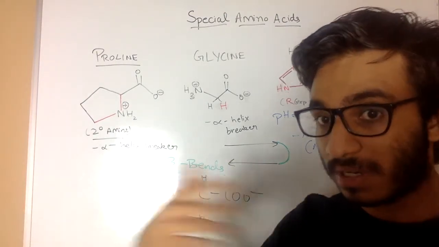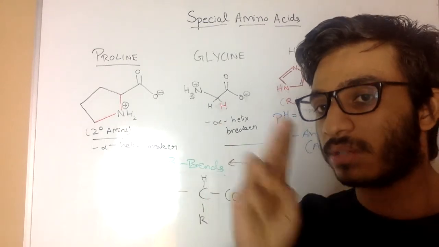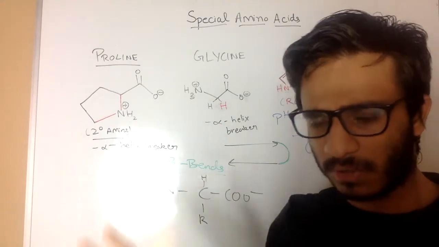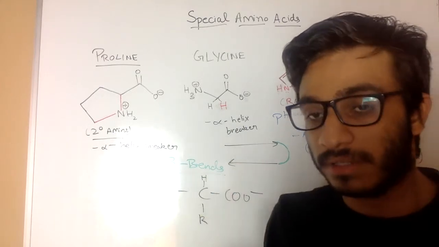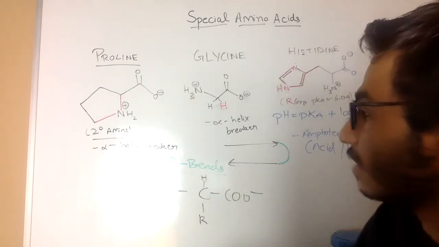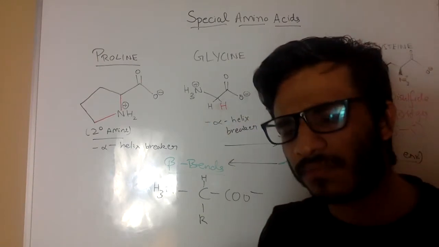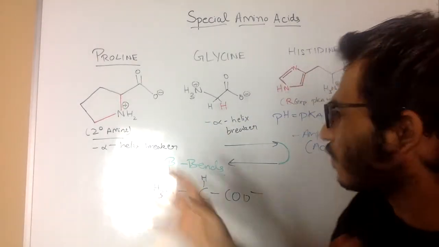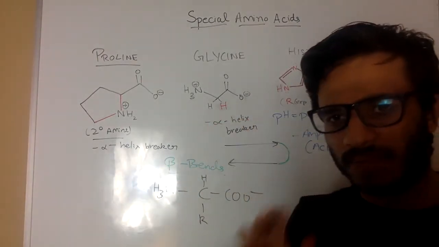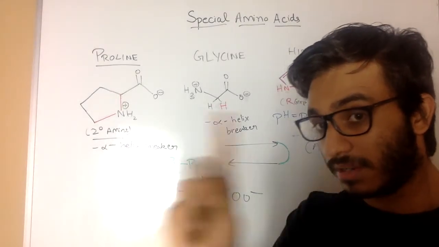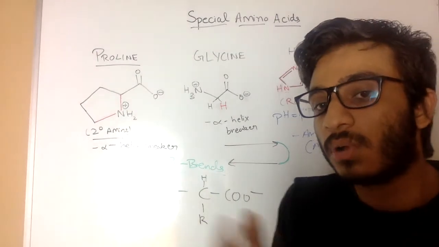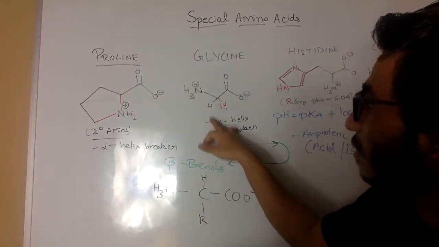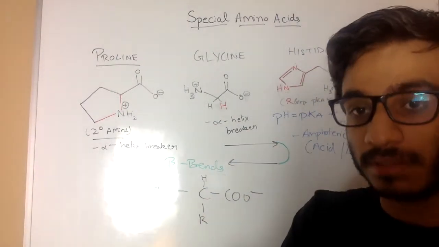Tryptophan also has a bulky R group, two carbon rings, which causes a lot of steric hindrance, so it's not found in alpha helices. Glycine is also not found in alpha helices because it is too flexible. We want some steric hindrance to cause a helix to form, but glycine is too flexible. It is also found in beta bends, so it's also a beta bend favoring amino acid.